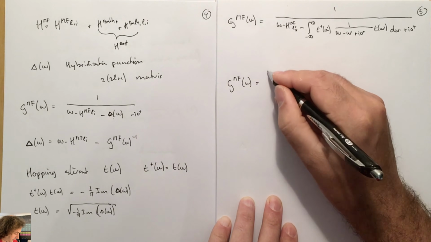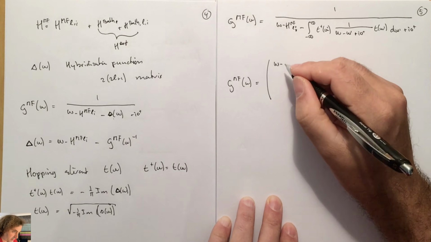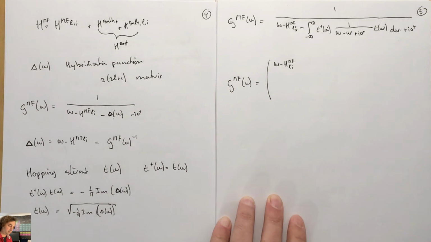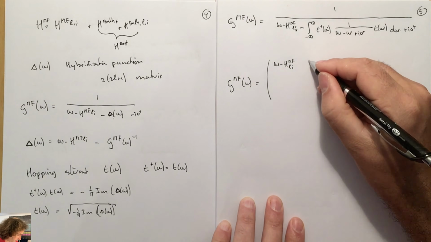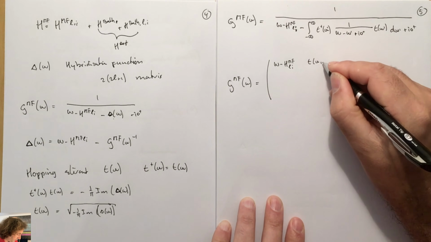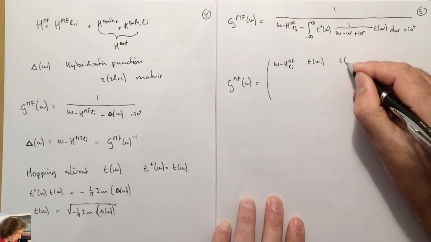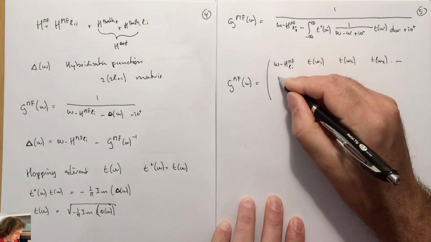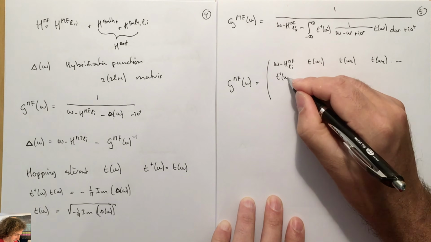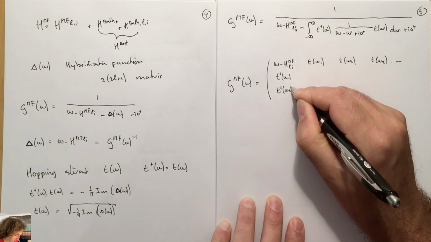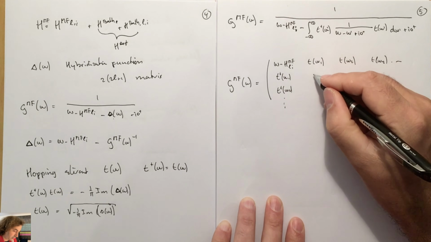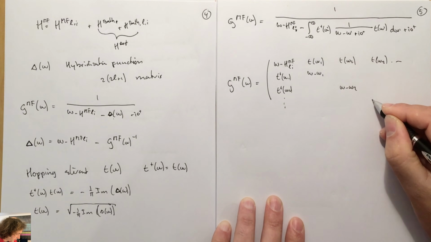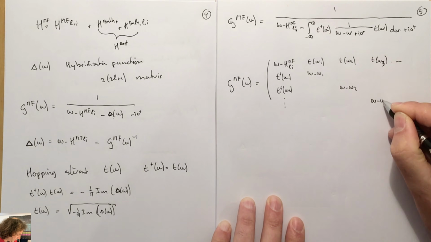If I look at a matrix where I have omega minus H mean field acting on the L shell of site I, and then a hopping with frequency 1, at frequency 2, at frequency 3, and then on the diagonal omega minus omega 1, omega minus omega 2, omega minus omega 3.